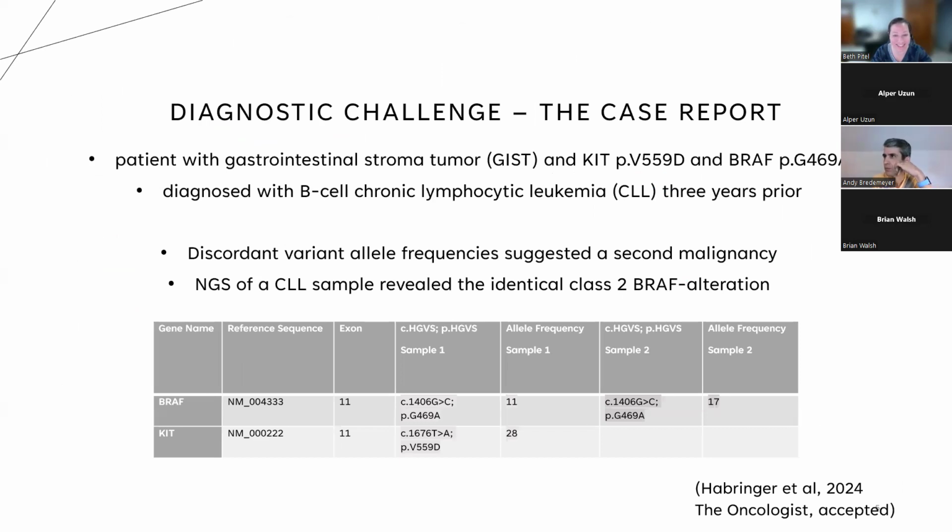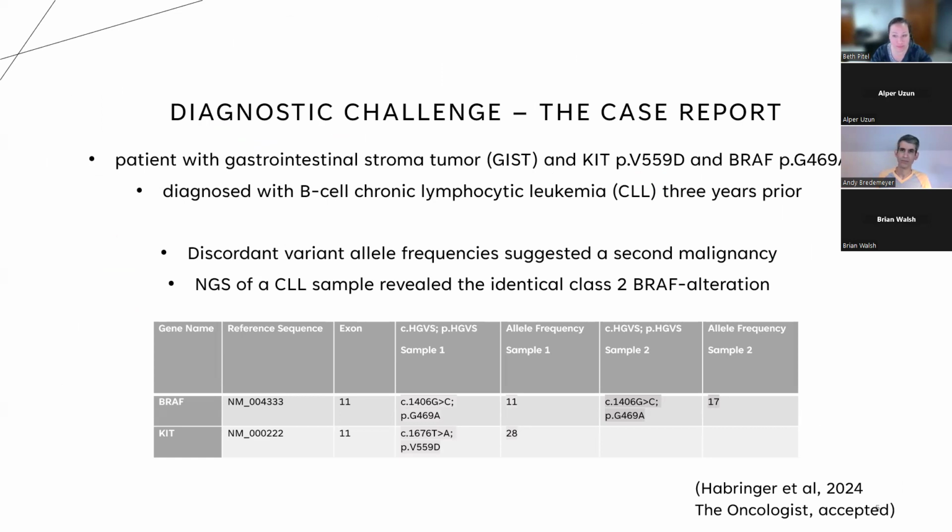Yeah. So we had a patient with a gastrointestinal stromal tumor, GIST, and two mutations, one in KIT and one in BRAF. And actually, if we would just have known that, that would have been puzzling in the first place. But in addition to that, he was diagnosed with a B-cell chronic lymphocytic leukemia 3 years before that.